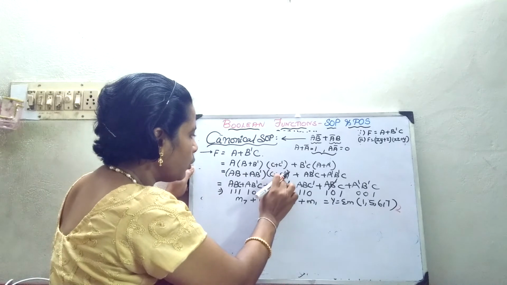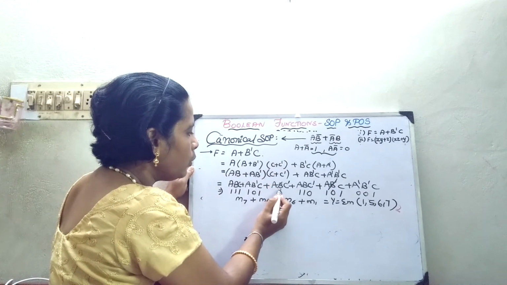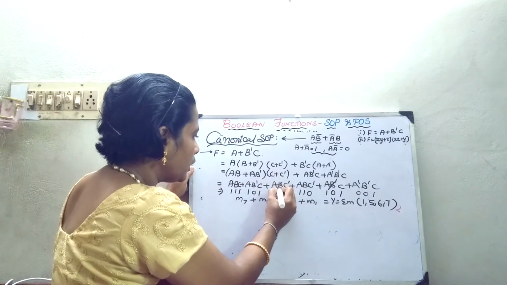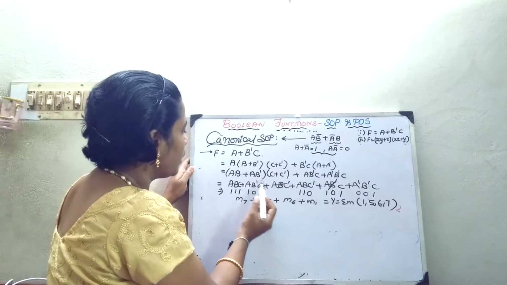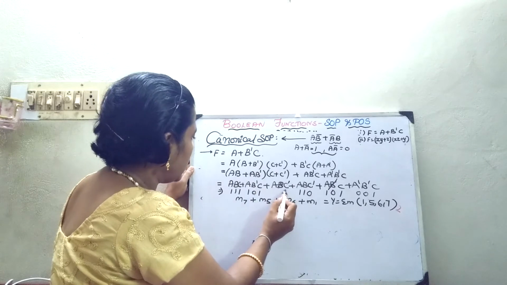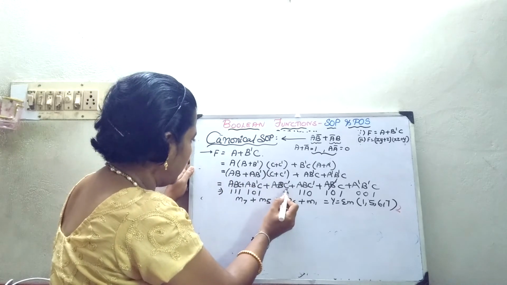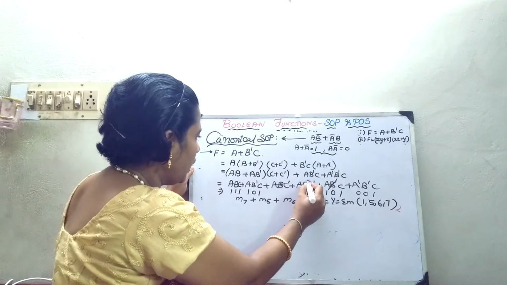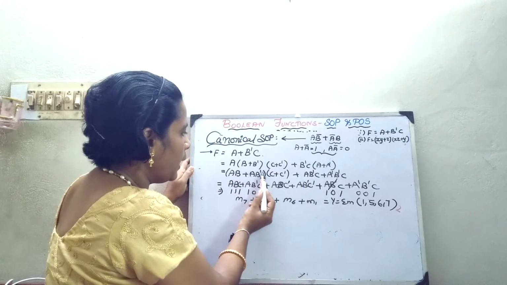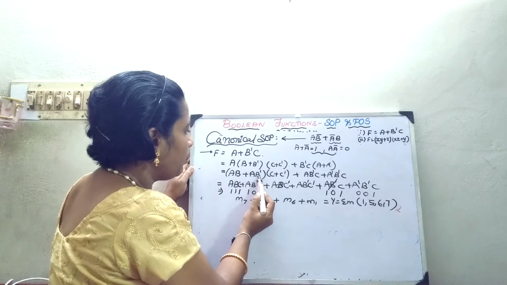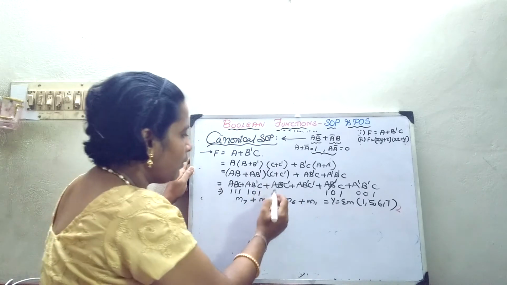So it is going to be 1, 1, and the second term I am going to represent in terms of A, B, C bar, then A, B bar, C bar. Okay, A, B bar, C, then A, B bar, C bar. Now write the values for this.